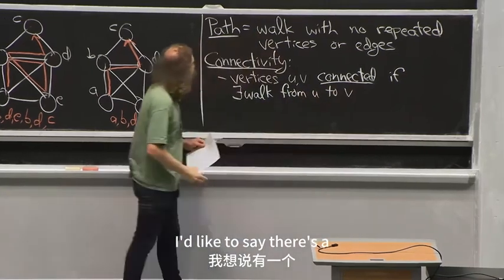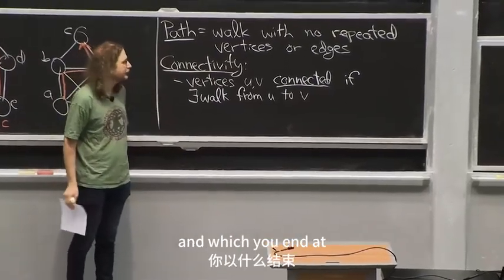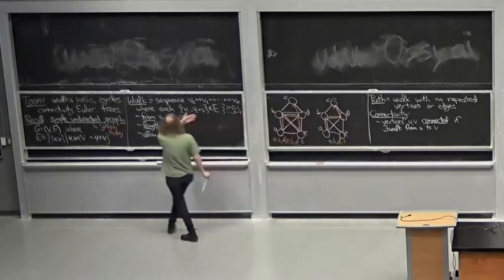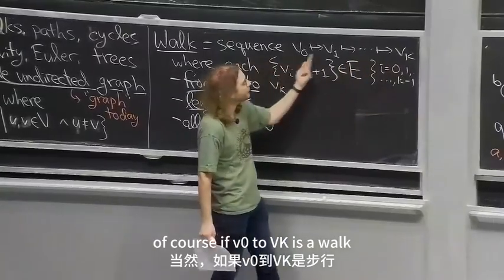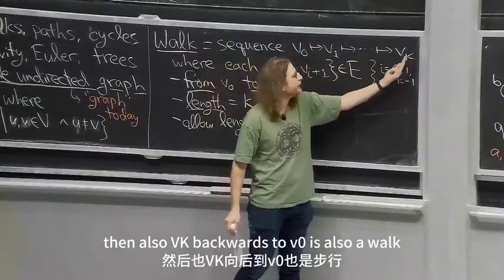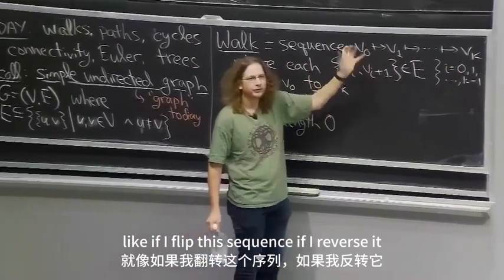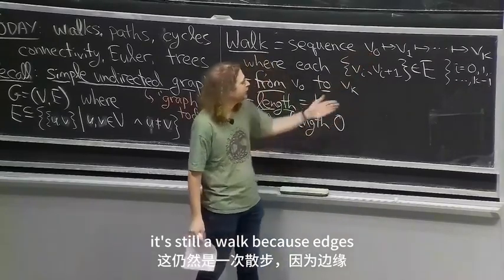Now, I'd like to say there's a walk between them, which is sort of not caring about which one you start at and which you end at. But the way we define walk is it starts at one place and it goes to the other. Of course, if v0 to vk is a walk, then also vk backwards to v0 is also a walk. If I flip this sequence, if I reverse it, it's still a walk because edges are sets.